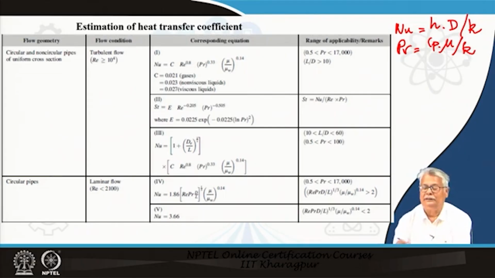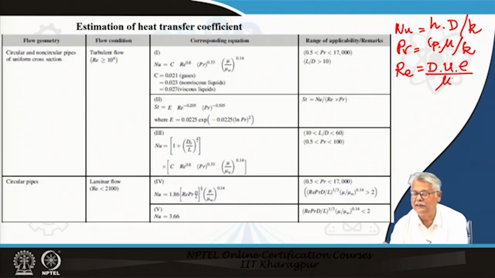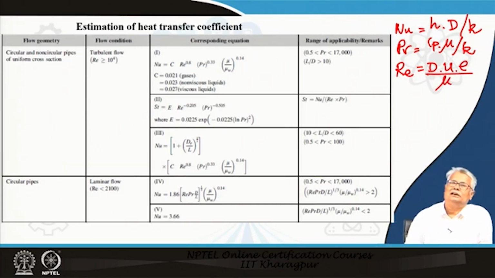What else you have? You have the Reynolds number, which is what? Which is d, U is the velocity of the fluid multiplied by rho, upon mu, which is the viscosity of your liquid or fluid, whatever you have.